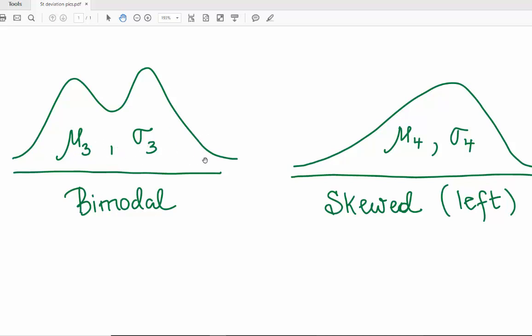I don't know what these values are for this particular problem. It doesn't really have any parameters defined, but we can always compute it, okay? And over here, I have a distribution that's left skewed, so I have a high concentration of the data on the right and a tail on the left, and we're going to talk about properties of mean and standard deviation for this type of distribution, but they can all be computed, okay? So standard deviation for each of these distributions can also be computed, okay?